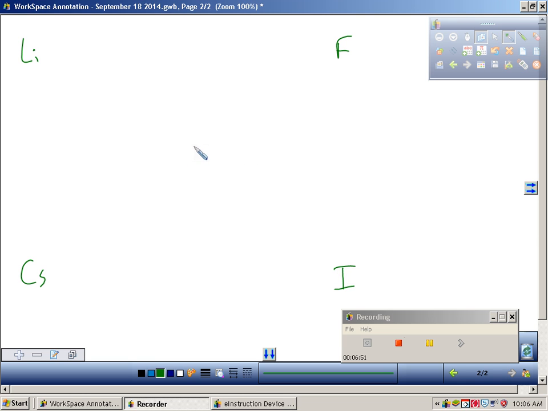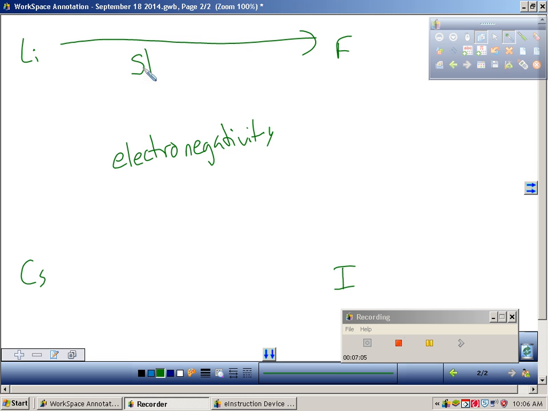So looking at the trends we just did for electronegativity, we said it gets stronger going this way. It gets weaker going this way. So based on those trends, who's the strongest atom?